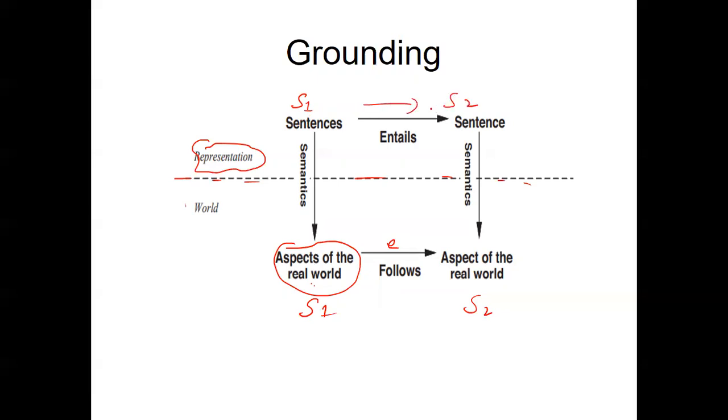What we are trying to say is, when there is a rule in the representation like this, is the same thing also happening in the real world? In the representation you say that S1 entails S2, but in the real world also, is it reflecting or not? If it reflects, then we say it is grounding. If it does not reflect, then it is not grounding.